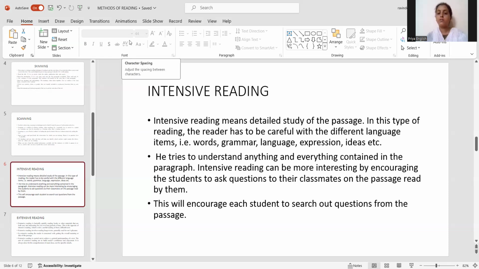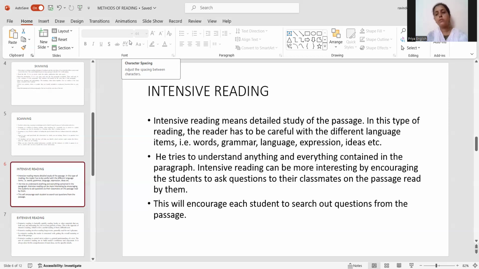If the students are really inquisitive and enthusiastic about a particular topic, and want detailed information about it, this is a kind of activity which we can involve in the classroom between the students.